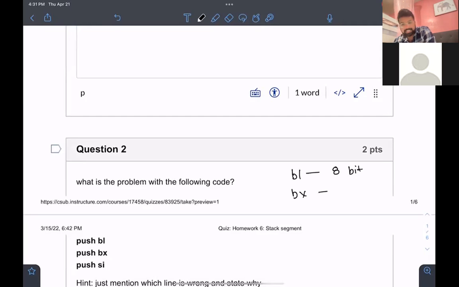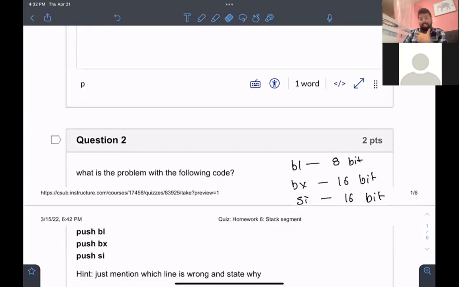BX is a 16-bit register, and SI is also a 16-bit register. So the only difference in these three instructions is that the first instruction's register is 8 bits, and the other two are 16 bits.